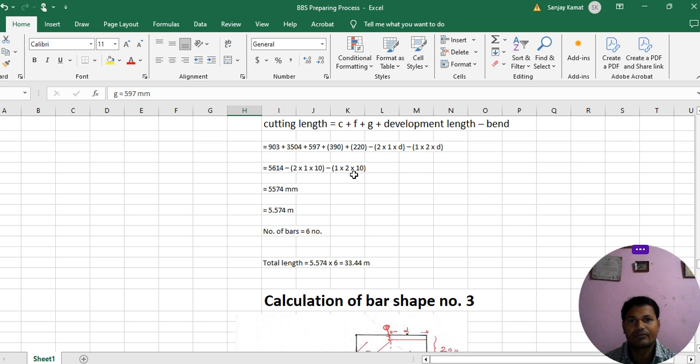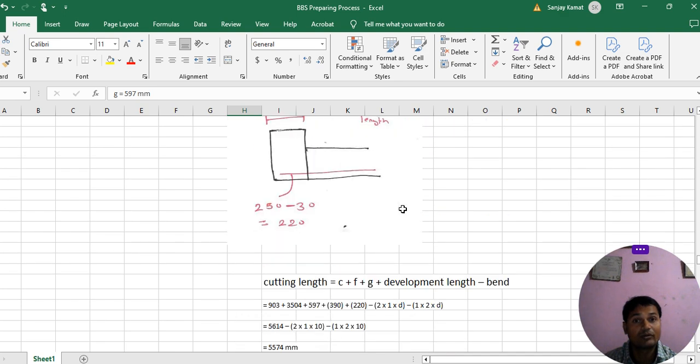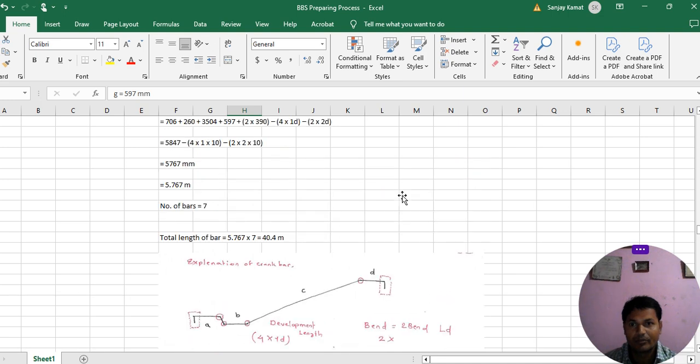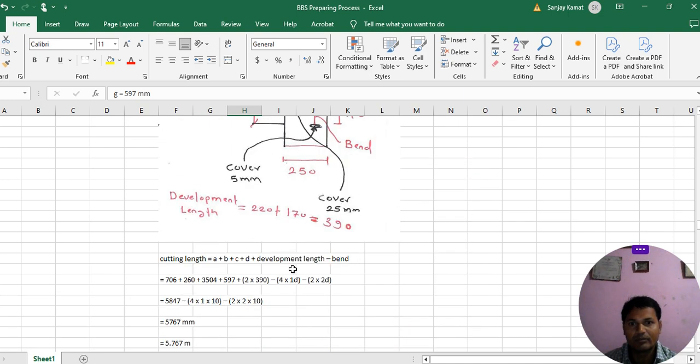To calculate the cutting length for the above figure, we have to add C plus F plus G plus development length minus D, and substitute all these values, because now we have the C value, F value, G value, and development length value also. The development length value is 390.